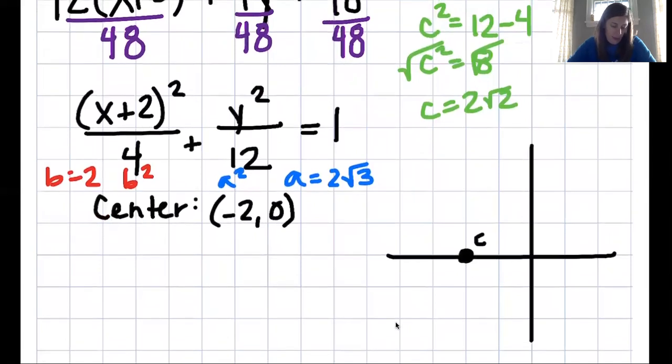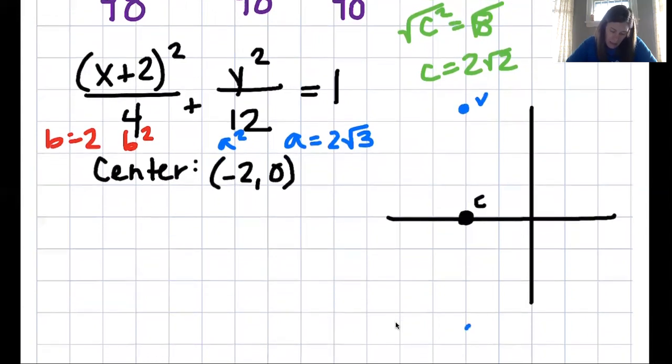I'm going to move with my a, which, for 2 square root 3, is probably easier on the graph to think about as the square root of 12. The square root of 12 is in between the square root of 9 and the square root of 16, so it's probably a little bit less than 3.5. So I'm going to count up 1, 2, 3, and a little bit more. And I'm going to count down 1, 2, 3, and a little bit more to get to my vertices.